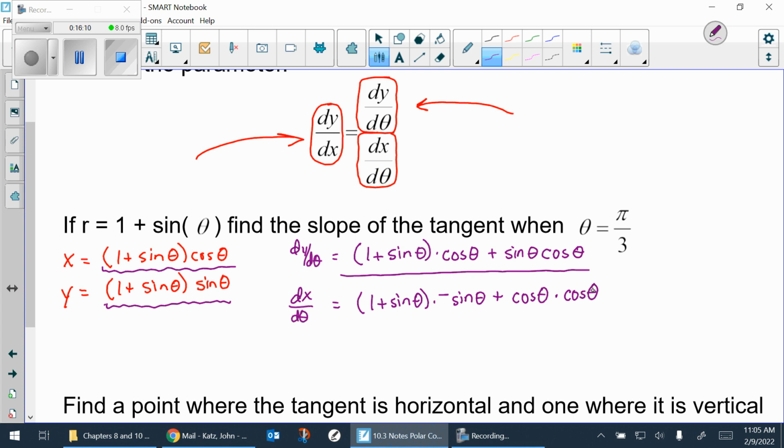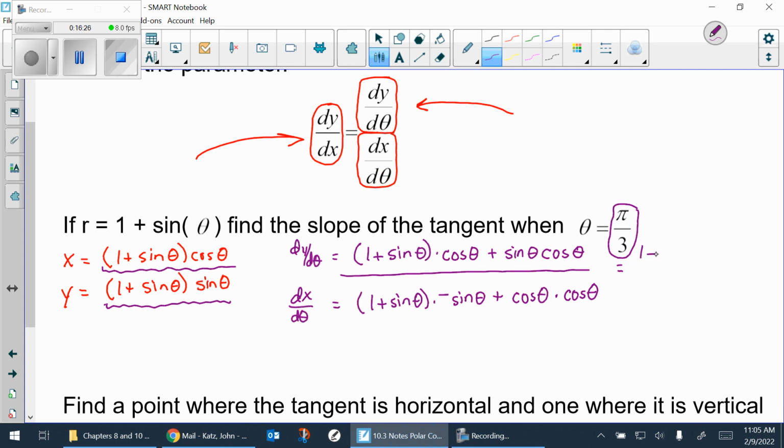Now that we have found the derivative, we just replace theta with pi over 3. We know what the sine and cosine of pi over 3 are.